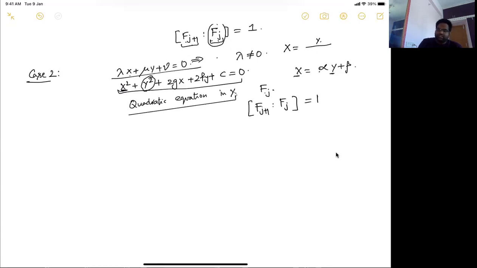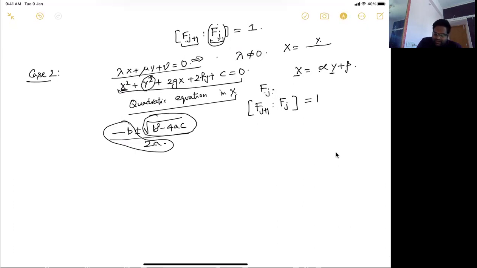Suppose the roots are not present in Fj. Then you know the formula for the quadratic equation, b square minus 4ac over 2a. So this is an element of the base field. All we need to do is to add this element: you just adjoin the square root of b square minus 4ac to Fj. And its degree is equal to 2.